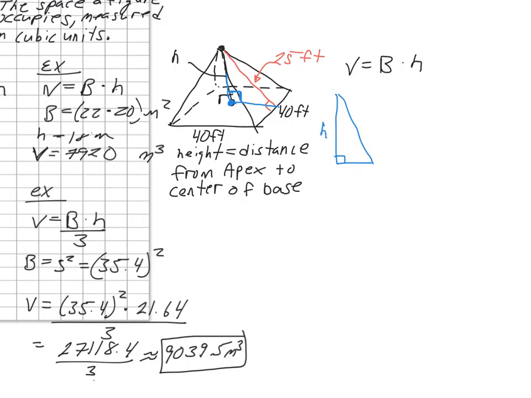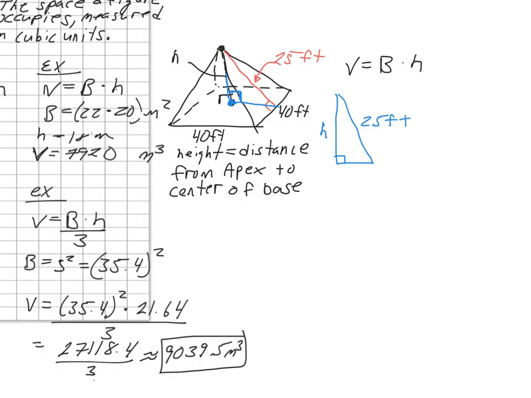We do know the slant length of 25 feet. You might say, I only know one side, but really we do, because this point where the height comes down is in the exact center of the base.